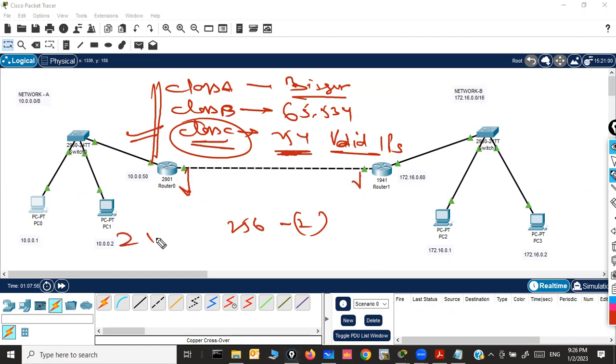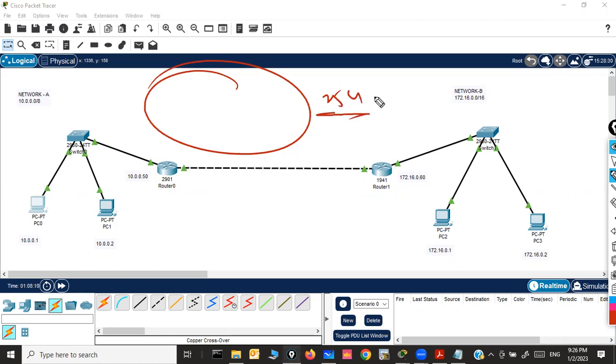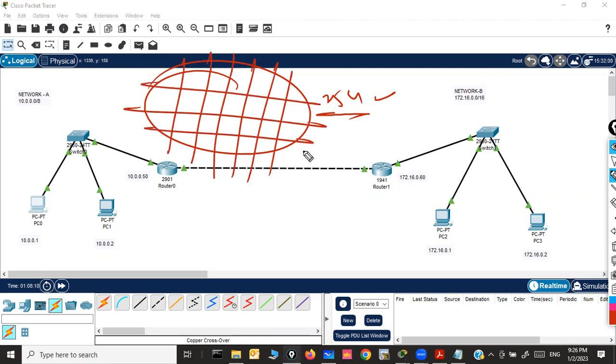But subnetting can address this problem, because if a class C network consisting of 254 hosts is divided into small networks, maybe we can find a very small network with only two valid IPs. Will that be possible? Yes. And if that is possible, then we have not wasted any IP addresses.